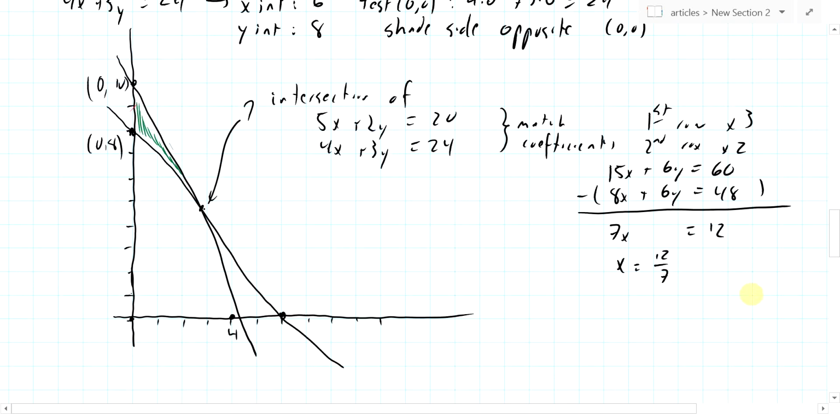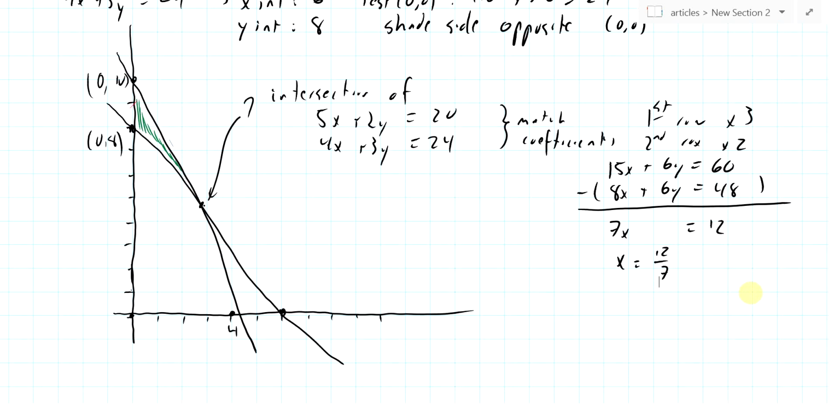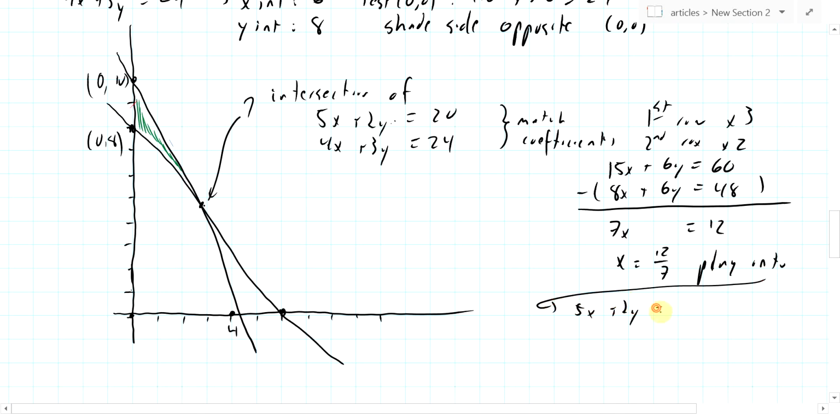And I can plug it back into one of my original equations to find y. I will plug it into this one, the equation 5x plus 2y equals 20.